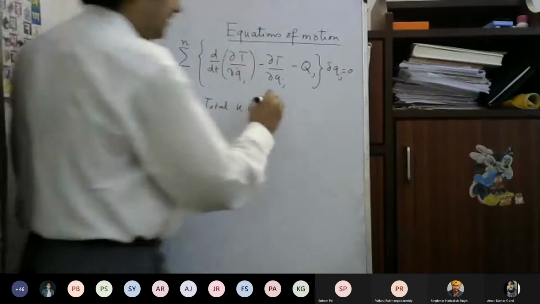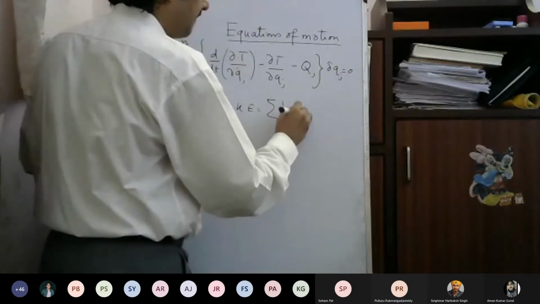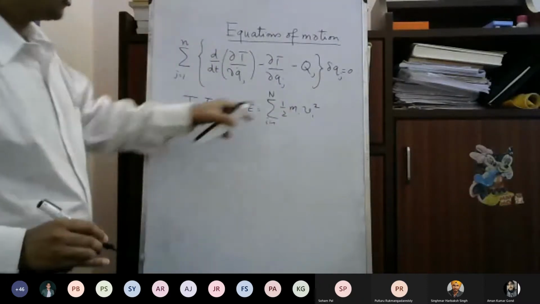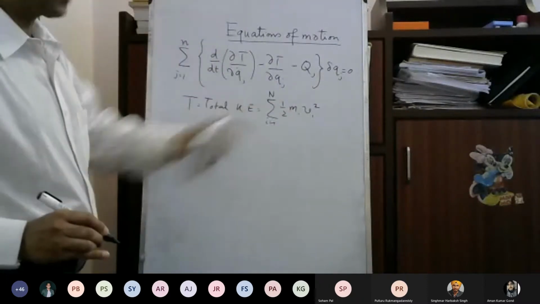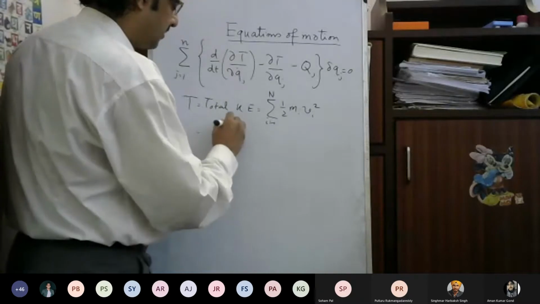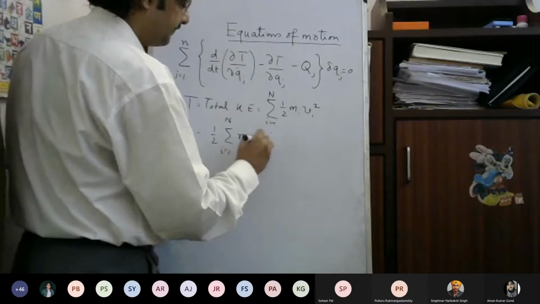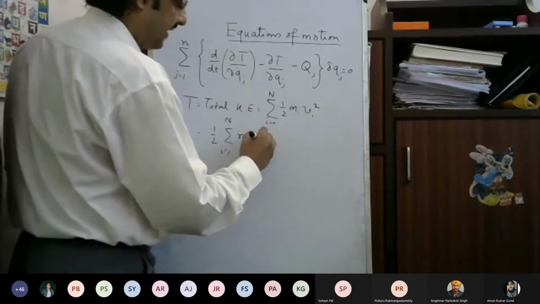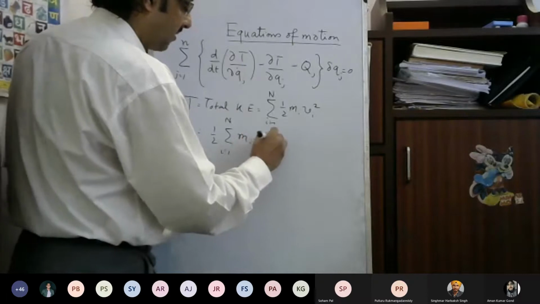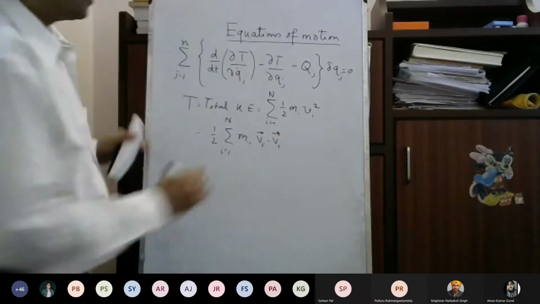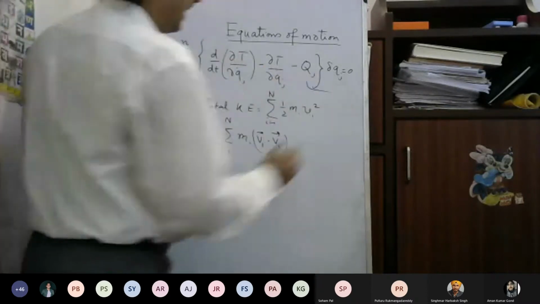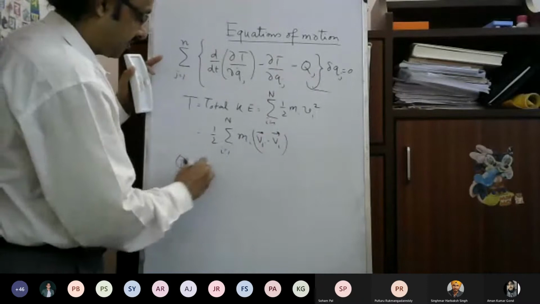That means T equals the sum of half m_i v_i squared, i equal to 1 to capital N, total number of particles. One can write it in terms of vectors as half sum of m_i v_i dot v_i. So this is the total kinetic energy, and Q_j, this term I named the generalized force.